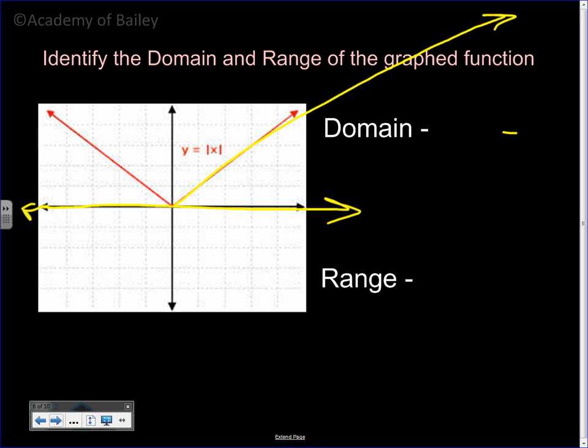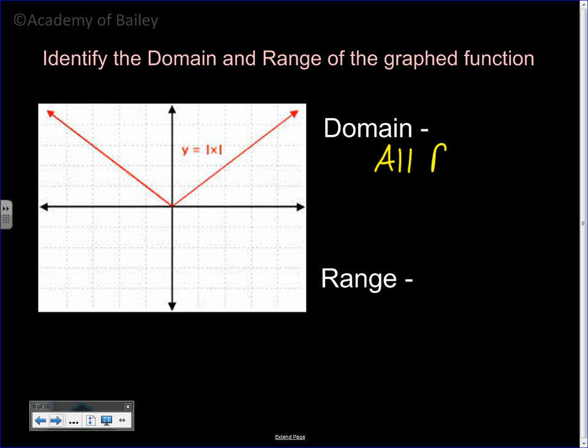So that means it goes to positive infinity. And then what's the smallest x value? Well, it keeps going on and on forever in the left direction. So that means it goes to negative infinity. So what's going to be the domain here? The domain will be all real numbers.